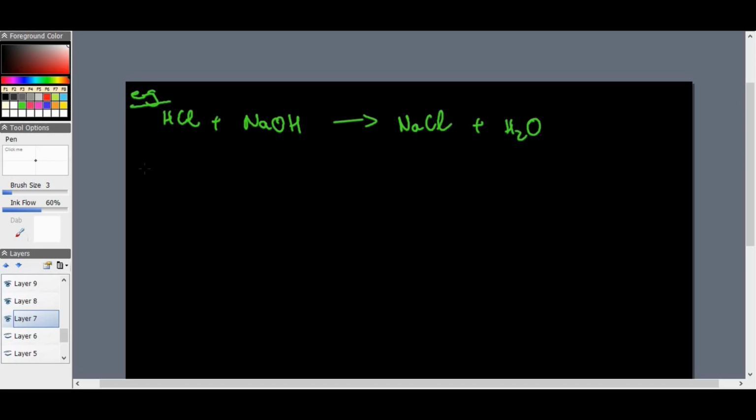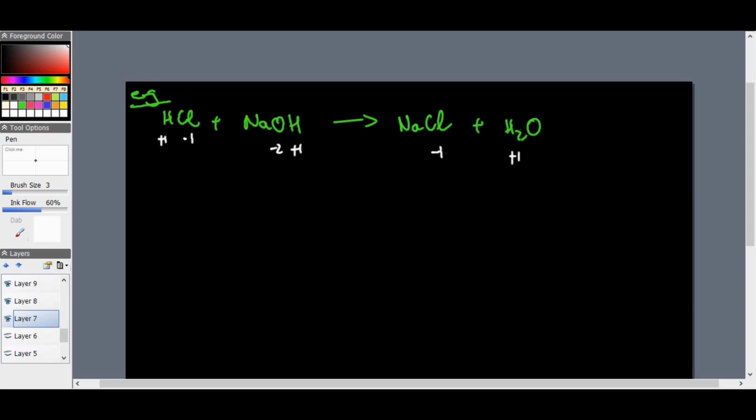So let me use another color. We know the oxidation number of hydrogen is positive 1 and negative 1 for chlorine. We also know the oxidation number in any compound of oxygen is minus 2, whilst hydrogen is also positive 1. Let's just write down what we know. Chlorine is minus 1. Hydrogen is also positive 1.